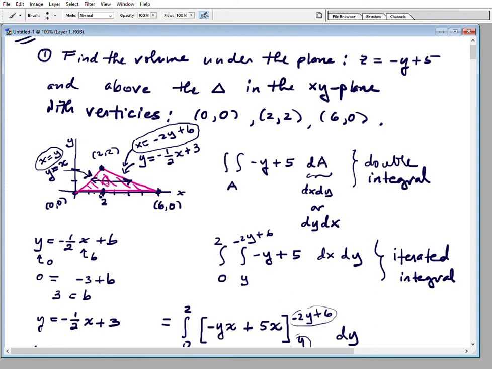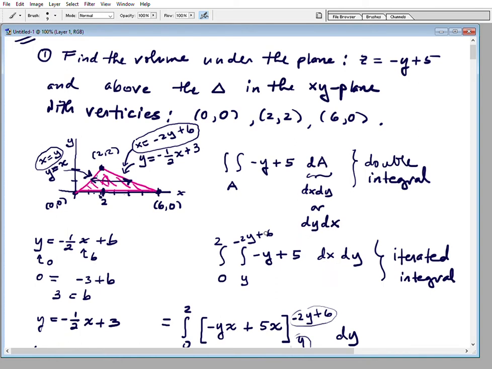But if we do dx first, x goes from the left, from this line to this line throughout. Okay, if you keep drawing these blue horizontal lines, the left hits y equal x, the right hits y equal minus 1/2 x plus 3. Okay, so it makes sense to do dx first.